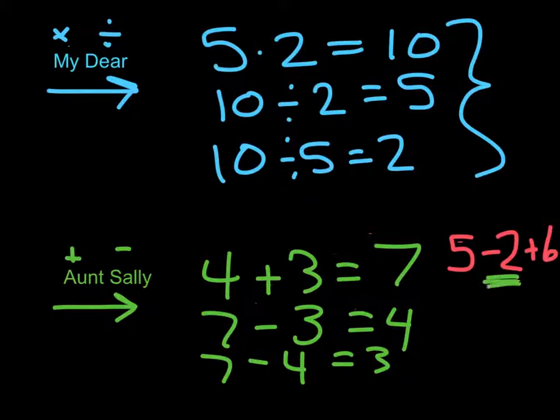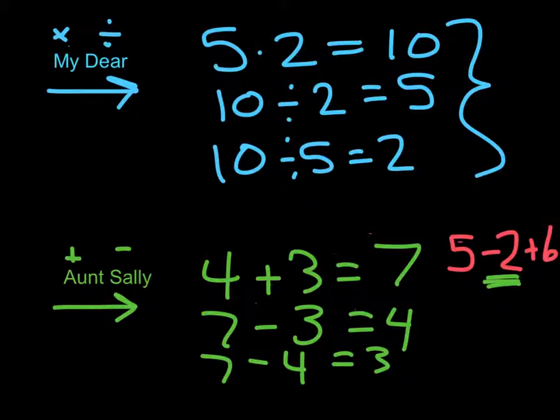So the big thing is that I'm only subtracting what's after the subtraction symbol itself. The only time I would add first is if somebody put parentheses there, because that changes everything, okay? So this problem would be 5 minus 2 is 3, and 3 plus 6 is 9.